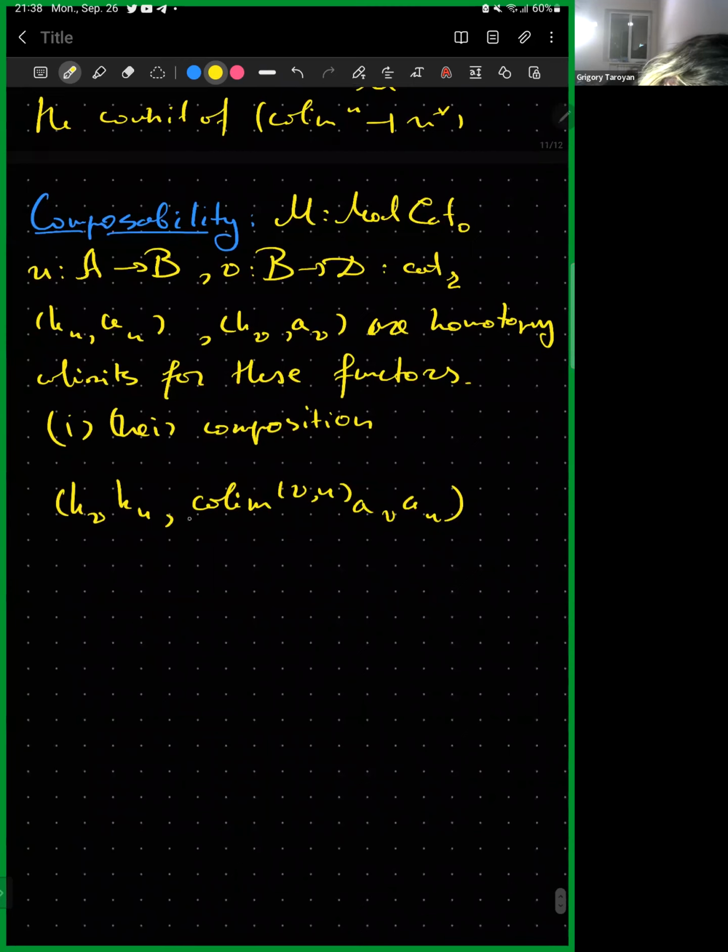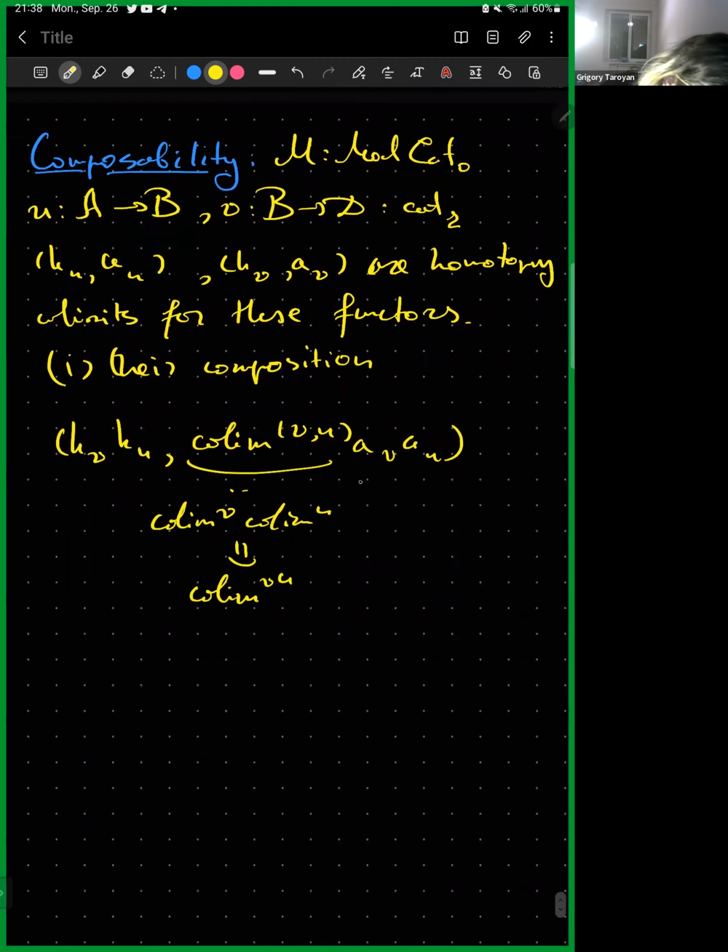So this thing here is a transformation which goes from the composition of colimits to the colimit of the composition, and AV, AU are defined using the following square diagram.